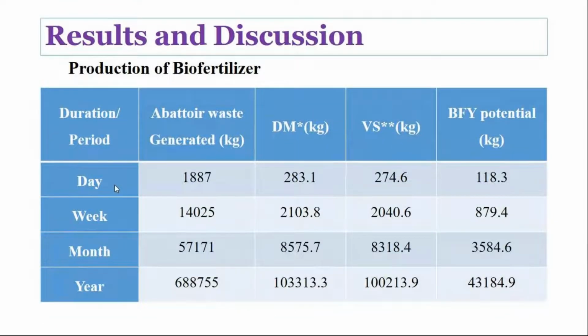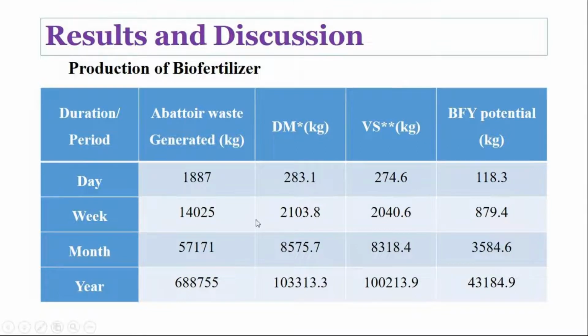The last point is production of biogas and biofertilizer. From 1,887 kilograms of habitable waste generated from the study area per day, a total of 118.3 kilograms could be generated.